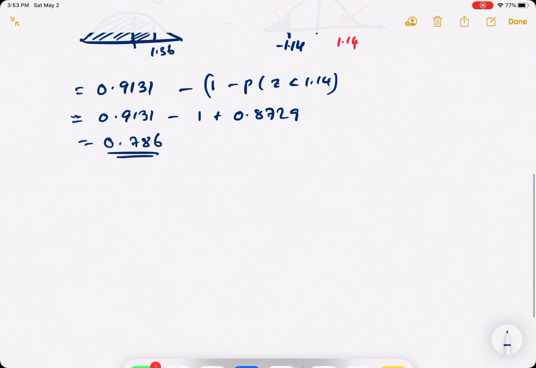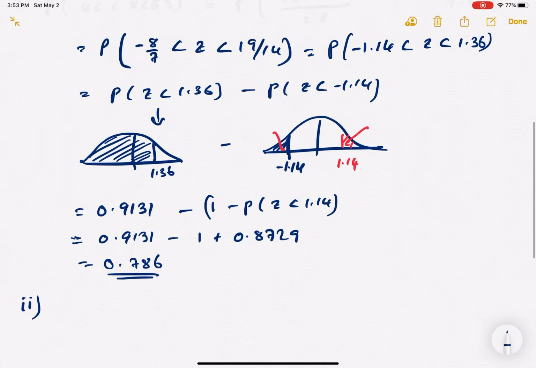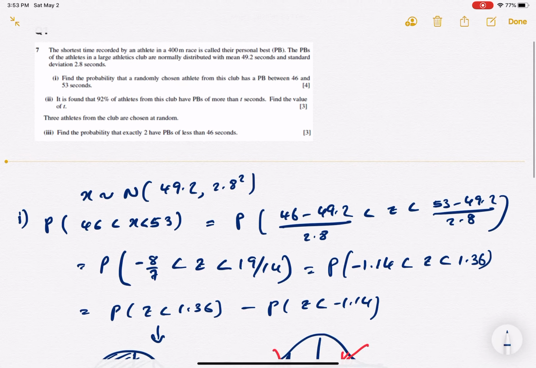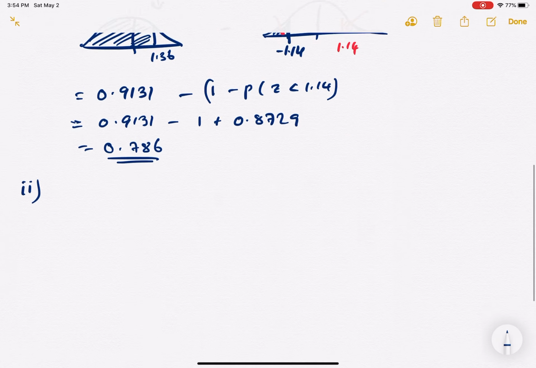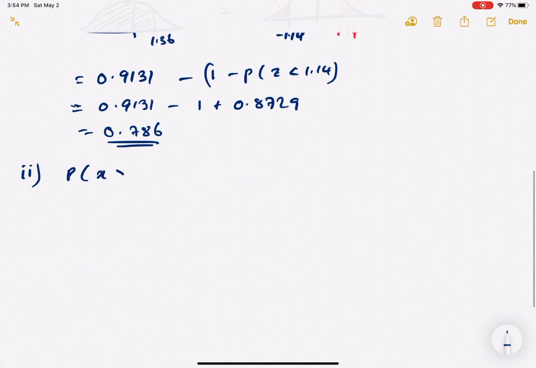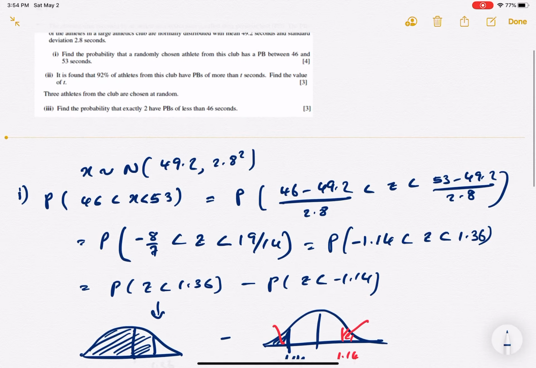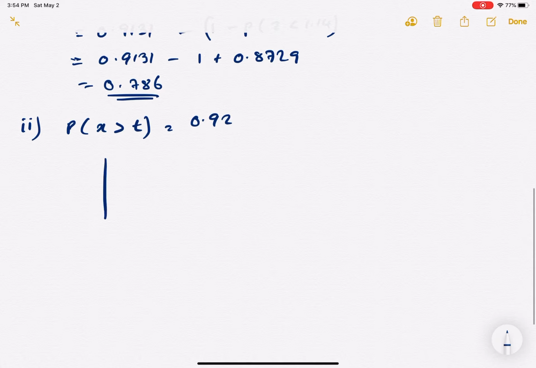Right. So moving on to part 2, they talk about finding the value of t for which 92% of athletes from this club have more than t seconds. So the probability of x greater than t should be equal to 0.92. If I illustrate this using a normal distribution diagram, let's say this is our t value.